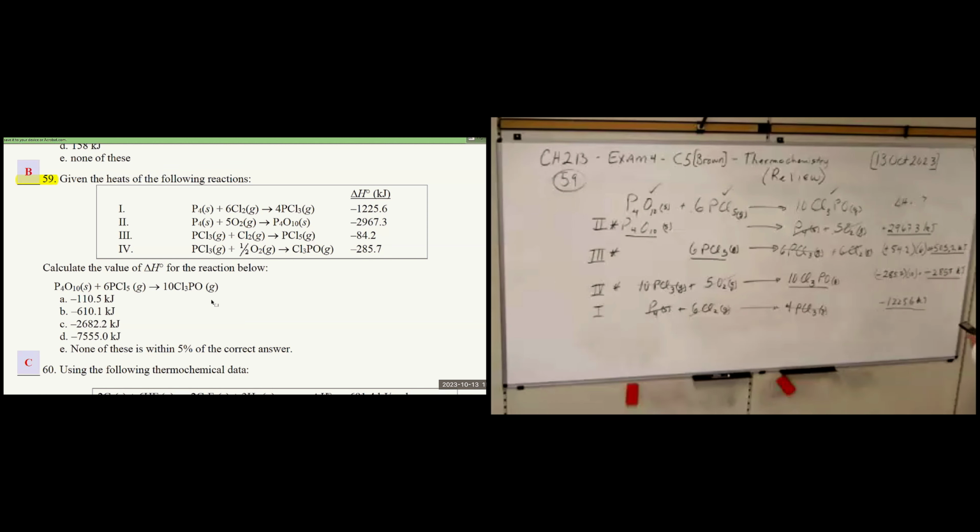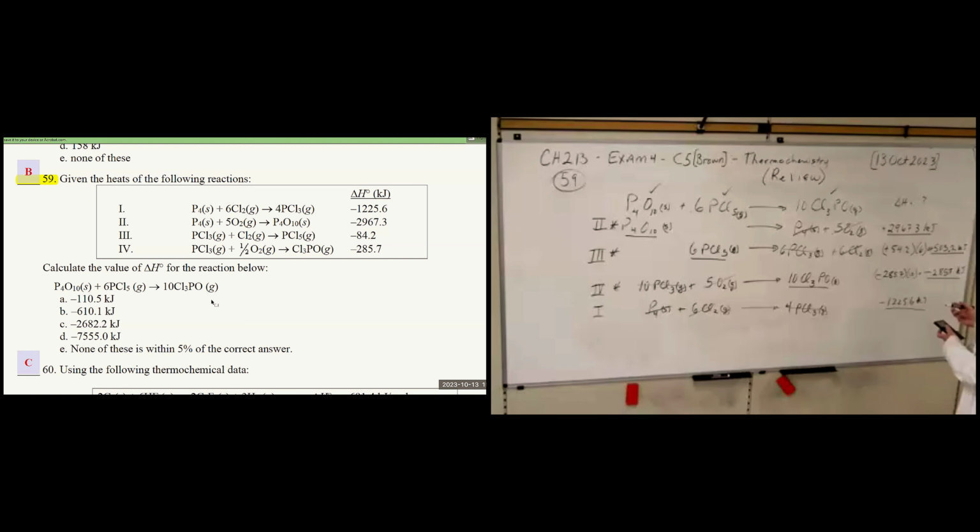So 2967.3, 505.2 added. Is that right? That's still minus, isn't it? Okay. 2857 minus and 1225.6 minus.